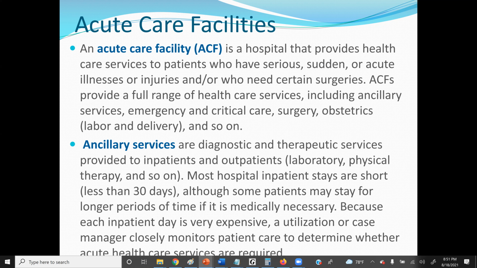Because each inpatient day is very expensive, a utilization case manager closely monitors patient care to determine whether acute healthcare service is needed.